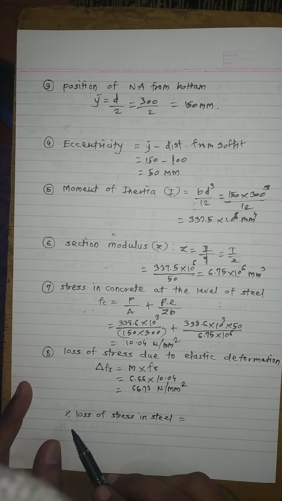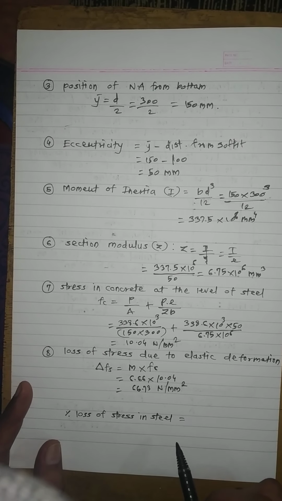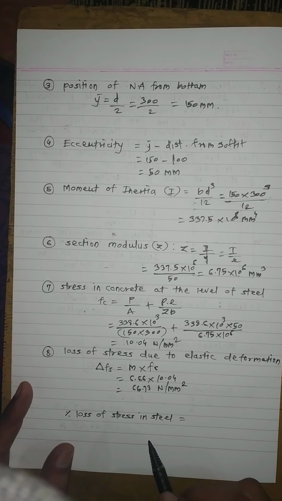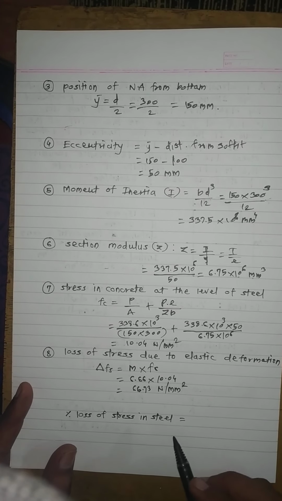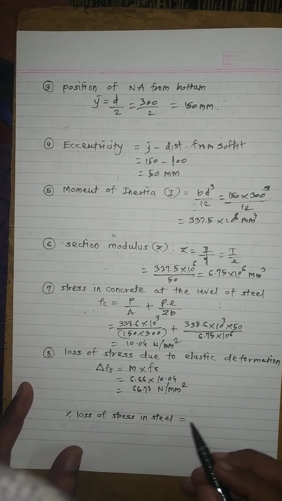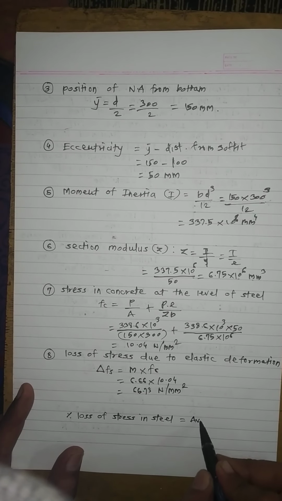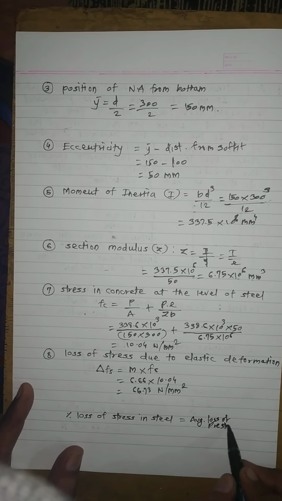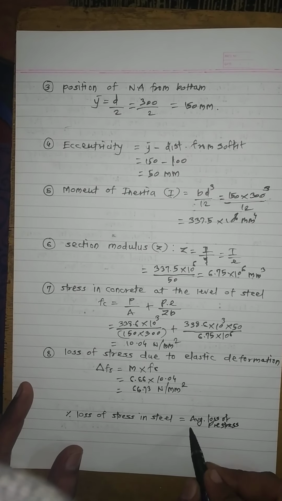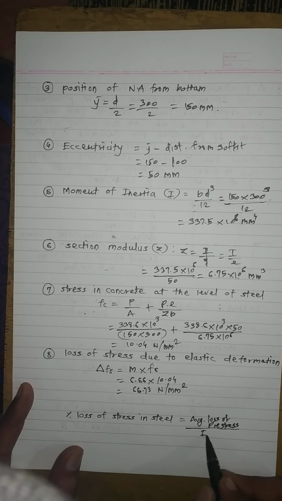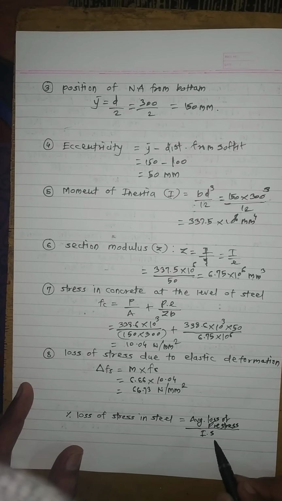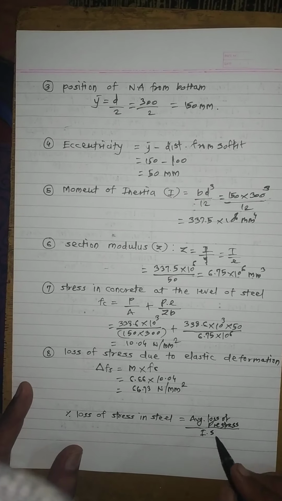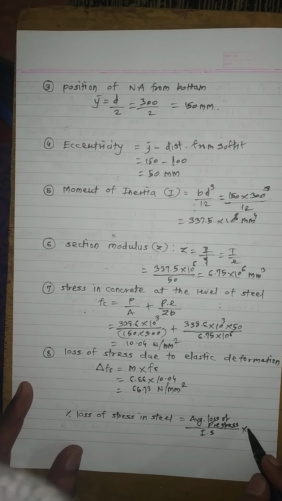Then finally the percentage loss of stress in steel. To find the percentage loss of stress in steel, the equation is average loss of pre-stress divided by initial pre-stress, multiplied by 100.